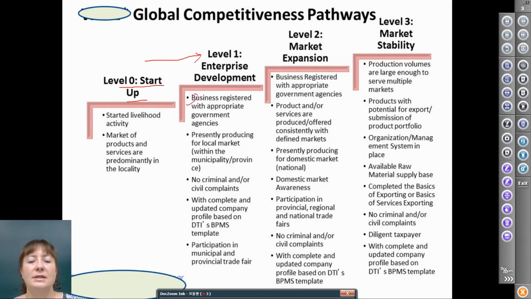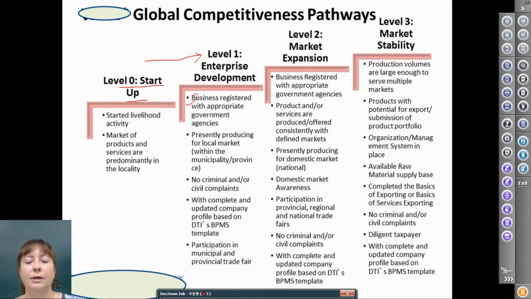The first one, business registered with appropriate government agencies. So it means that we have strong correlation and cooperation with the government structures and agencies. We are presently producing for local markets, so we are producing something, and we may produce our technology or service or product. So there are no criminal or civil complaints against our business.